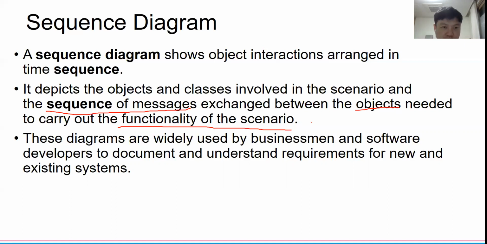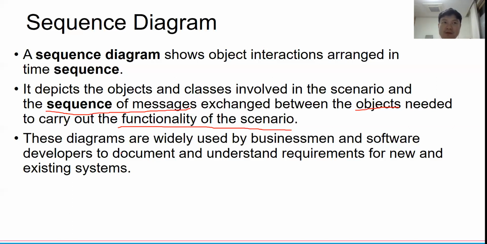These diagrams are widely used by businessmen and software developers to document and understand the requirements for new and existing systems. So if you understand sequence diagrams, it is one of the important tools. If you are in the business sector, you can try to figure out how the flow or the supply chain, for example.